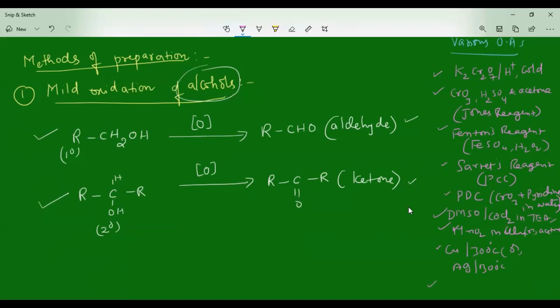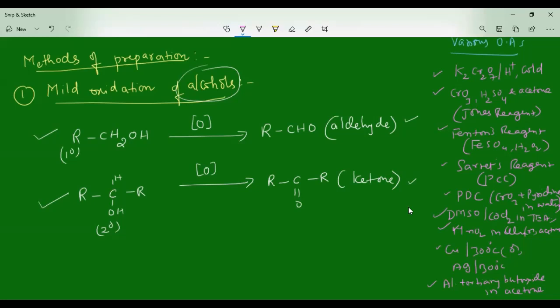Finally we have one more important reagent, aluminum tertiary butoxide in acetone. That is another important reagent to convert these alcohols into carbonyl compounds.